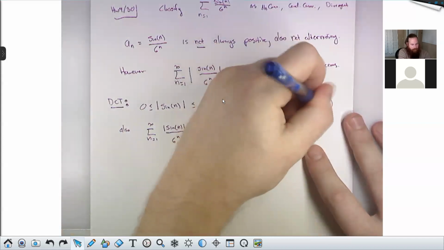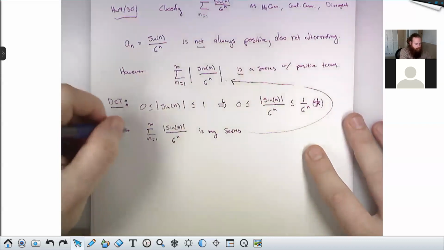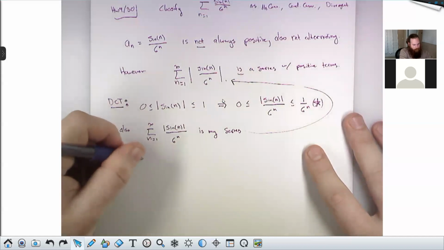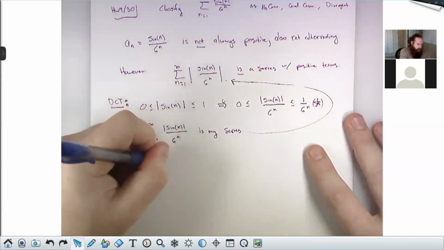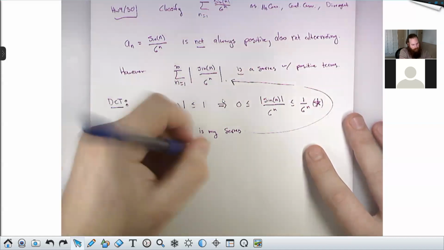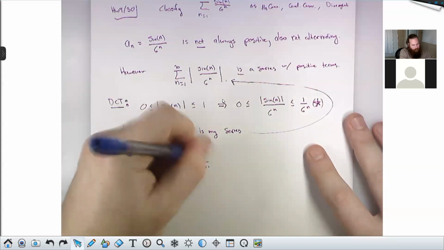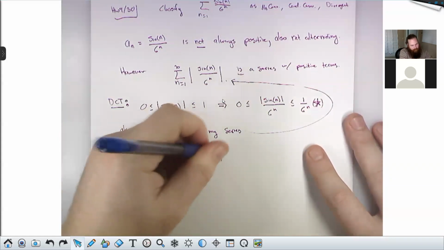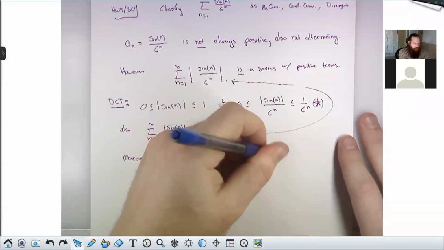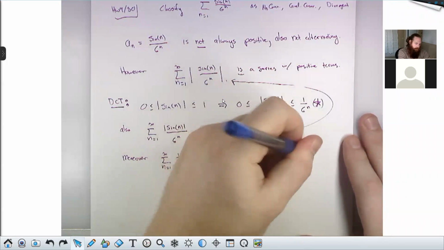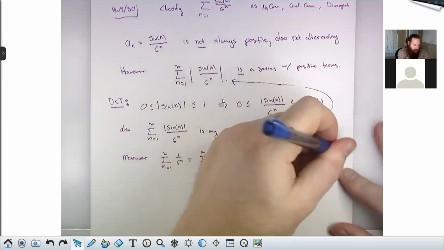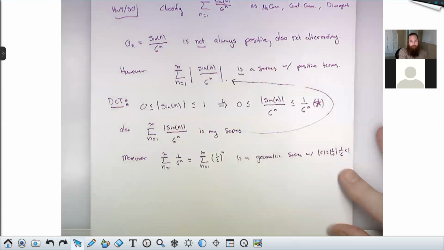So by this inequality, I would say moreover, sigma n from 1 to infinity 1 over 6 to the n is a geometric series with the absolute value of r being the absolute value of 1/6, which is 1/6, which is less than 1.